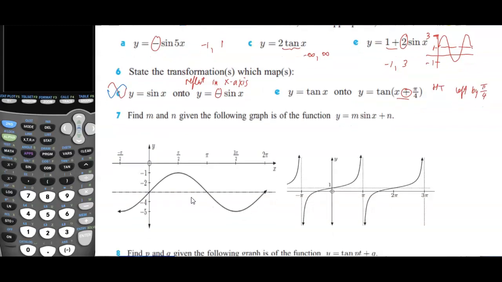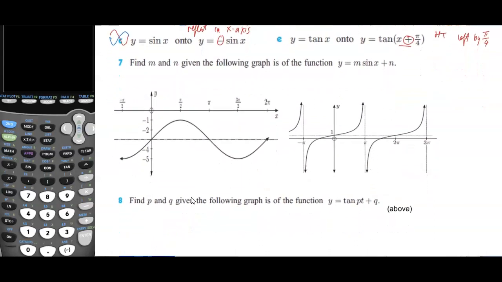Okay. And number 7, find m and n given the following graph is of the function y equals m sine x plus n. Okay, so in this case, we have an amplitude change and we have a vertical translation. So for this particular case, they're talking about this graph here, you can see that the mean line is at negative 3. Okay, so that means n has to be negative 3.